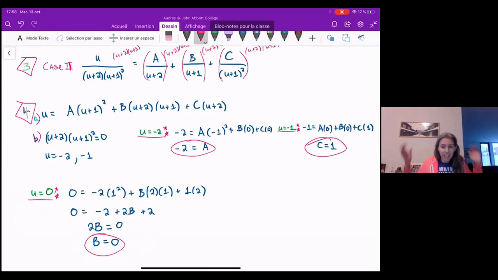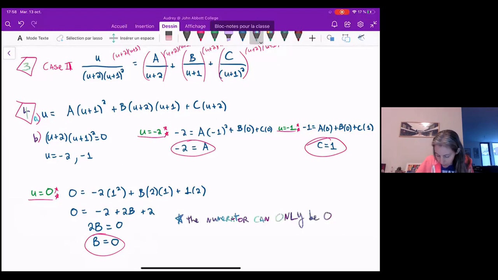The only place that it could possibly be 0 is that b right there, when the power isn't as high as it possibly could be. So the numerator can only be 0 in case 2 when the power isn't as high as it could be.